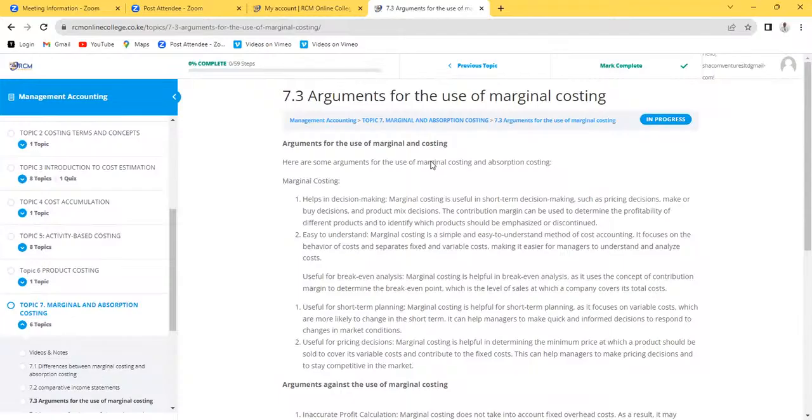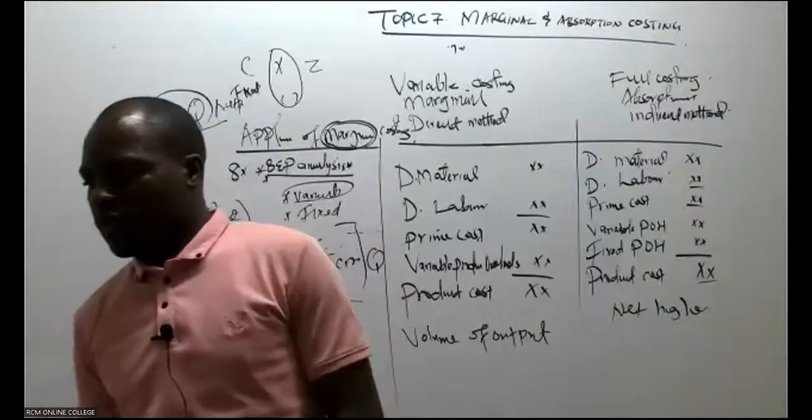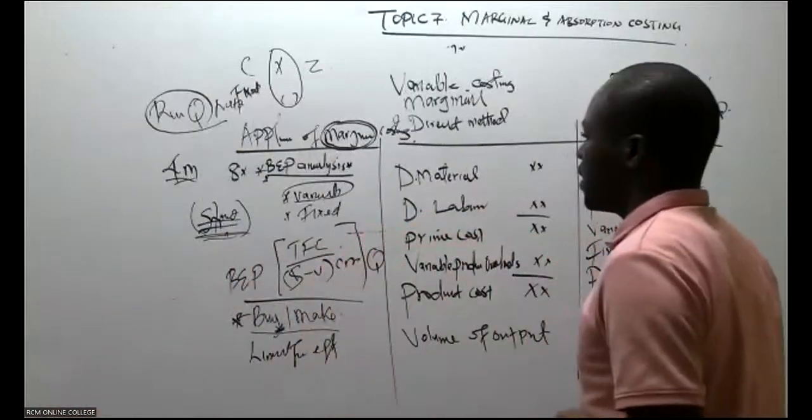Having done that, it is taking us basically to the arguments. So, arguments for the use of marginal costing. Arguments for the use of marginal costing is basically advantages. So how is using marginal costing advantageous or beneficial to an organization? So one, you can see it helps in decision making. That is, marginal costing is useful in short-term decision making, such as price determination. We've clearly seen it here when we were saying the applications.